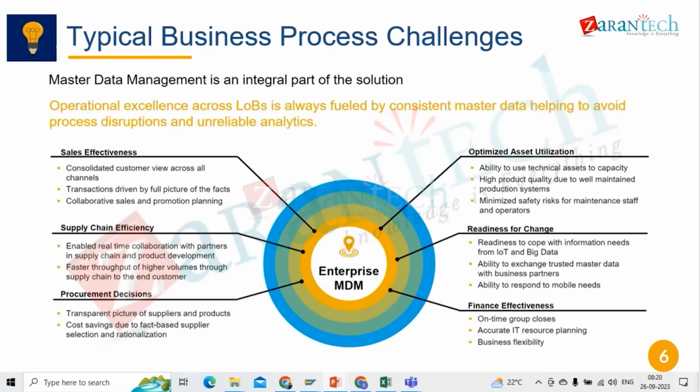Transaction driven by a full picture of the facts, collaborative sales and promotion planning. Here we are going to do collaborative sales planning and promotions like advertisements, etc. Then here we can see supply chain efficiency: enable real-time collaboration with partners in supply chain and product development, faster throughput of higher volumes through the supply chain to the end customer.